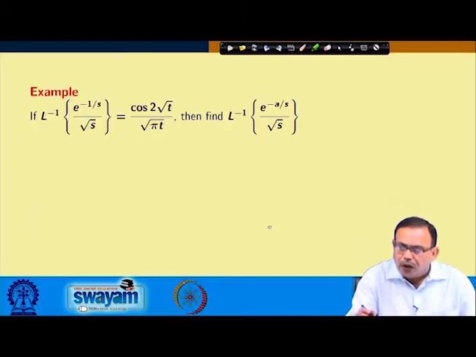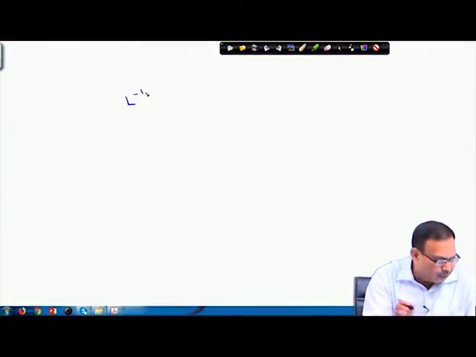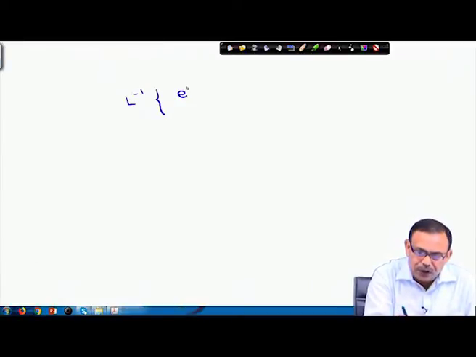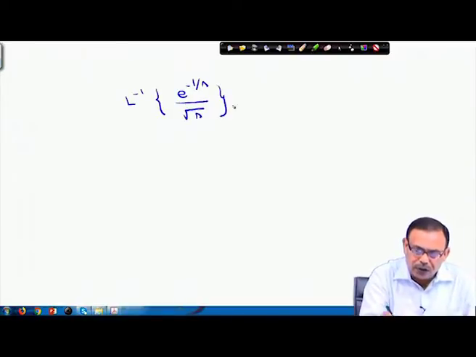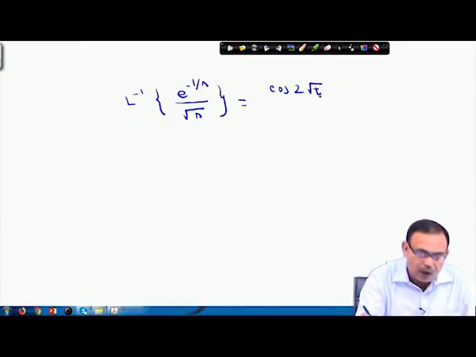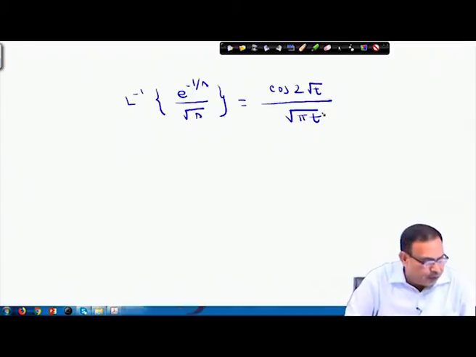So, if we start from here, Laplace inverse of e power minus 1 by s by root s equals cos of 2 root t by root pi t. This is given to us.